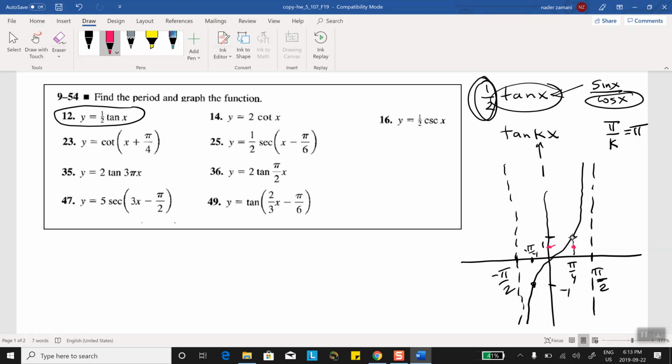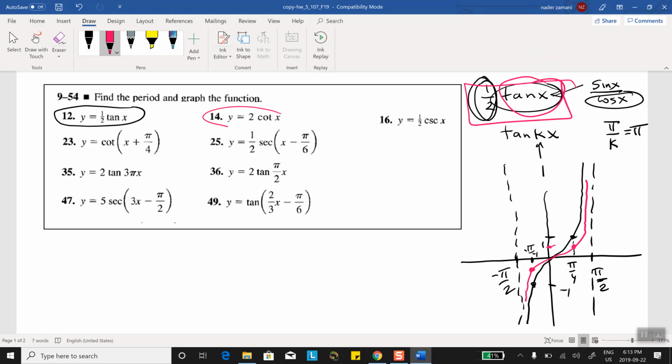So this height of 1 is going to go to a height of 1/2. This height of minus 1 is going to go to minus 1/2. The graph of 1/2 tangent of x is this red one. Based on the knowledge of tangent of x, we are able to draw 1/2 of tangent of x, which is that red curve.